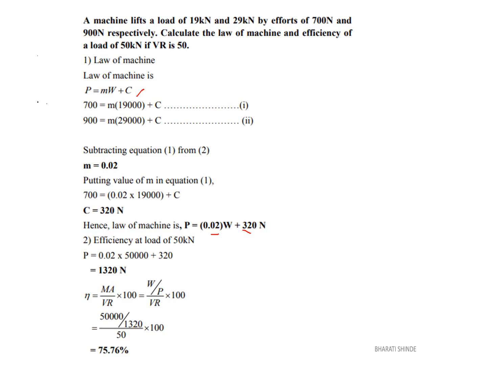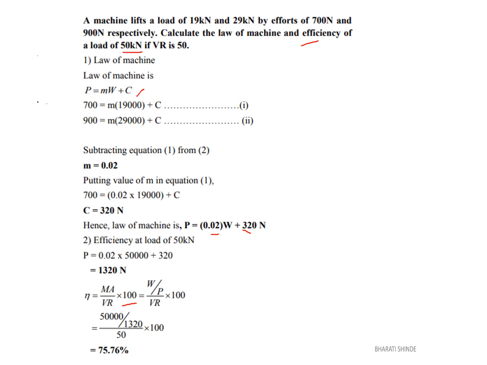Then second we have to find efficiency of machine. So for this efficiency formula, that is MA upon VR into 100. So MA is nothing but W by P. For this, we have to find P, and for finding P, W is given as 50 kilonewton.